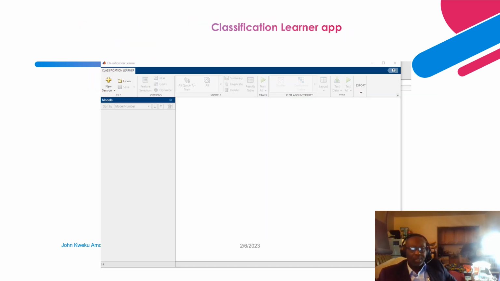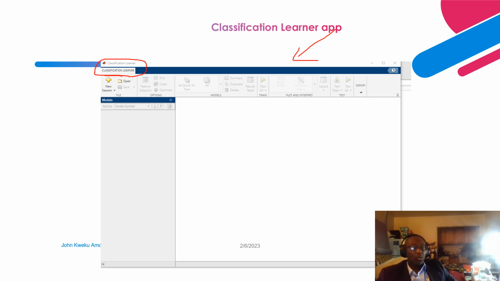Next, you click on your classification learner app from the previous slide, the one that you downloaded successfully from your app window. Once you select it, this is the window that is going to appear, showing classification learner.